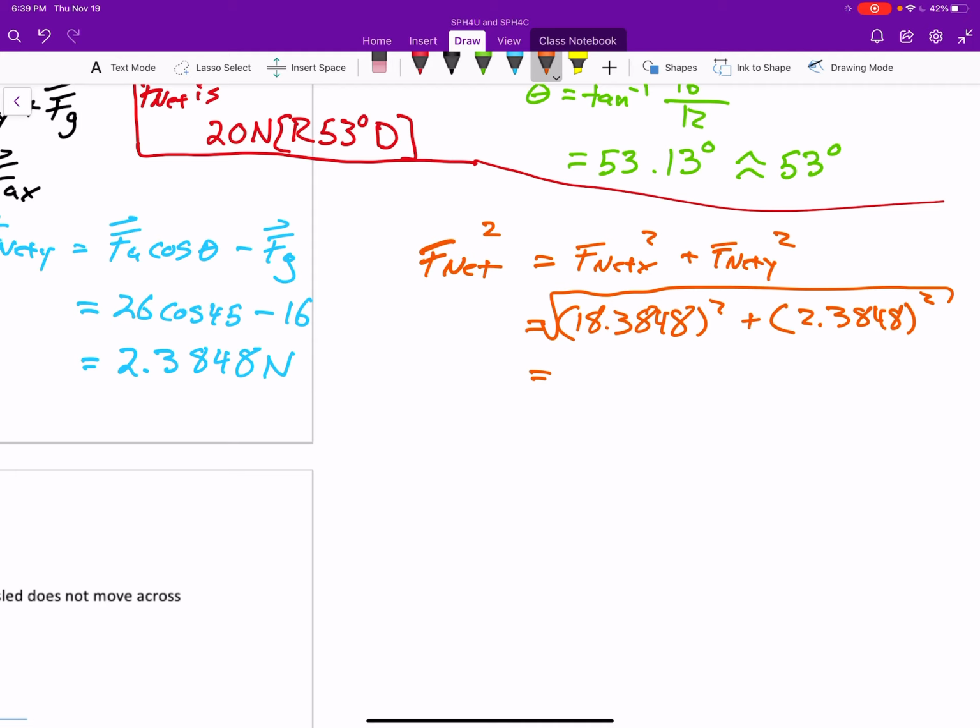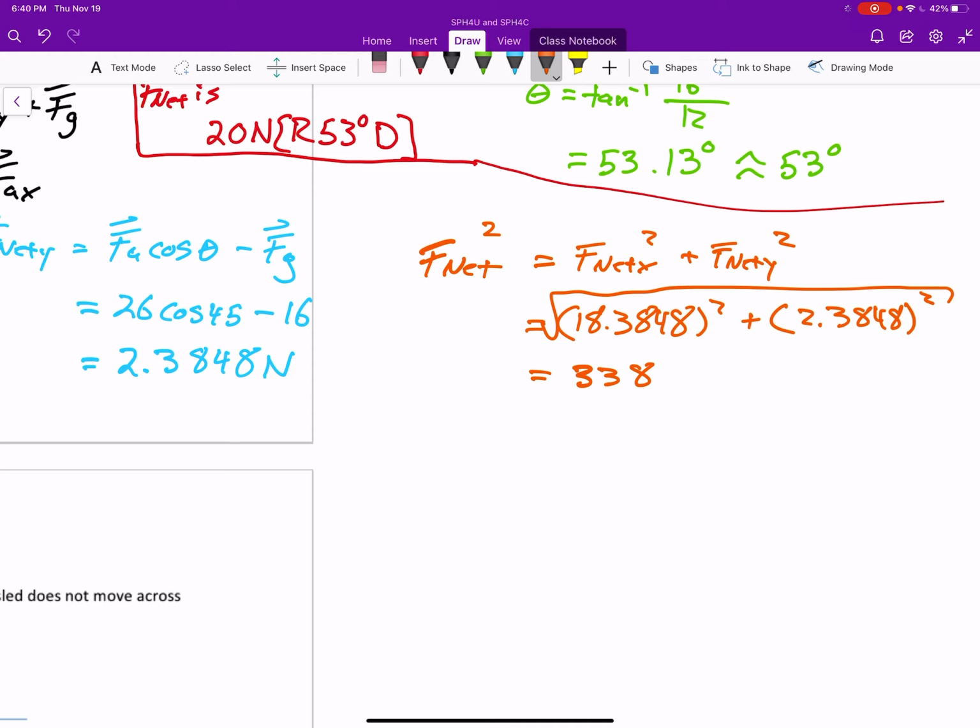Okay, so 18.3848, square that, add that to 2.3848 squared equals, okay, good.